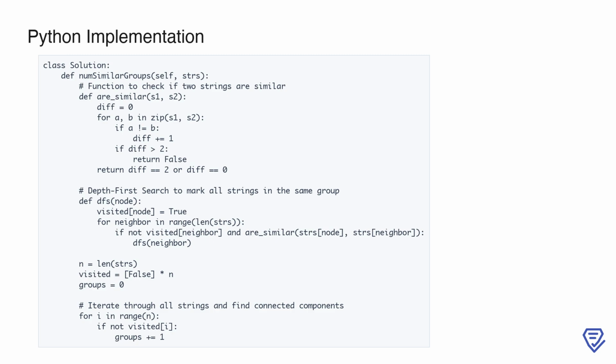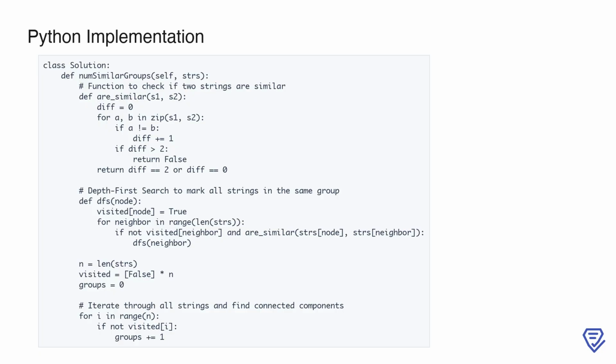Here, we begin by defining the solution class and the main method num_similar_groups, which will take a list of strings, strs, as input. Within this method, we first define a helper function, is_similar, to determine whether 2 strings, s1 and s2, are similar. The comparison is done by iterating over the characters of both strings in parallel using the zip function.